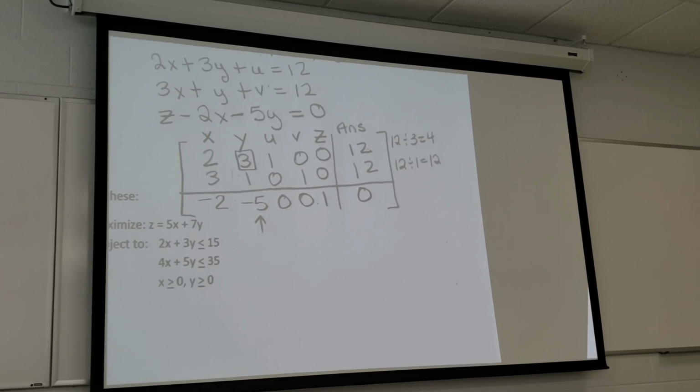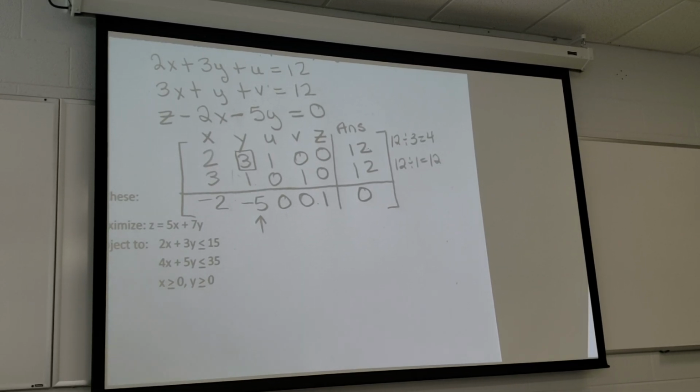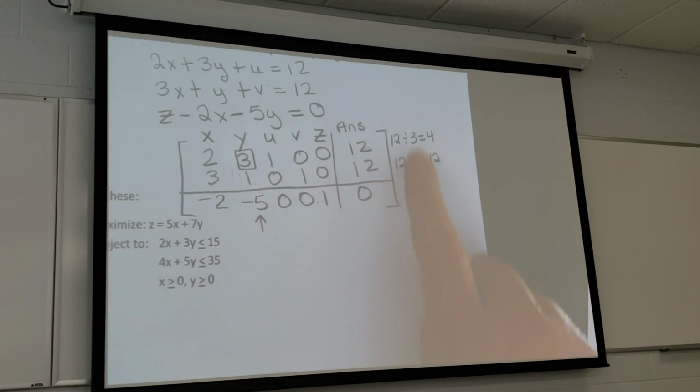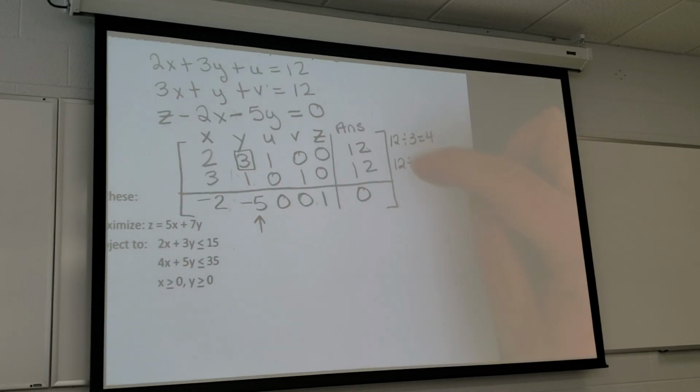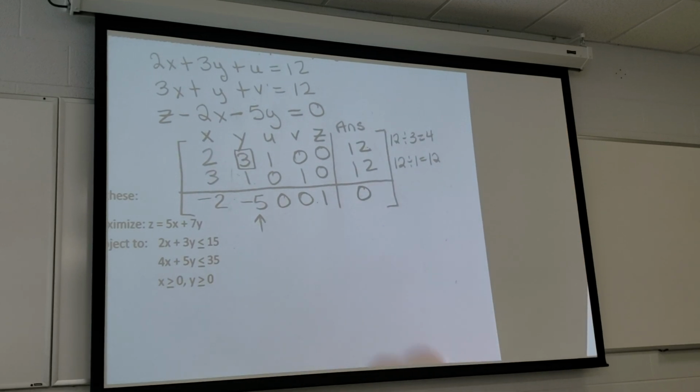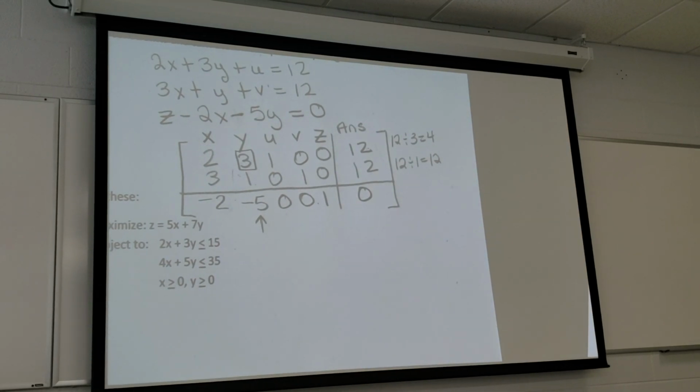Because what I'm gonna ask you to do, I'll give you the inequalities, you write the equations using the slack variables, you write the matrix, and you're gonna put a box around the pivot element. You first find the column, then find which row, and it's always the smallest. Now if they both turned out to be the same number, say both 4, you just choose one. It doesn't matter which one.